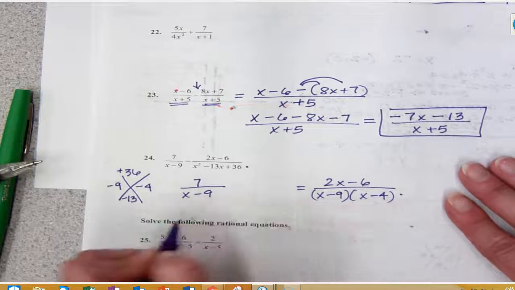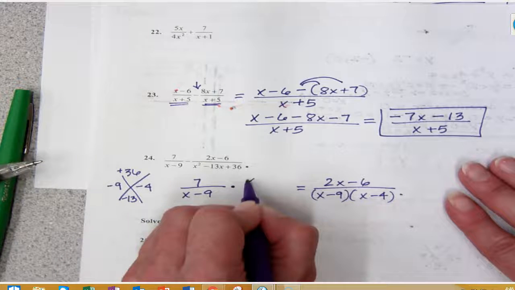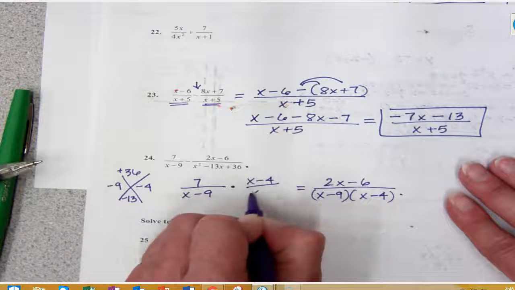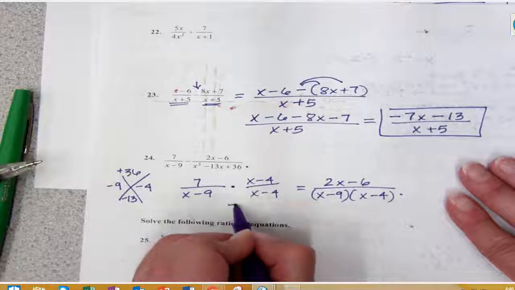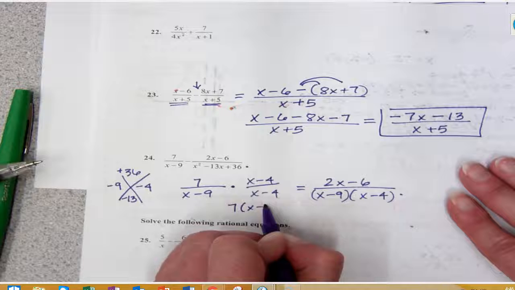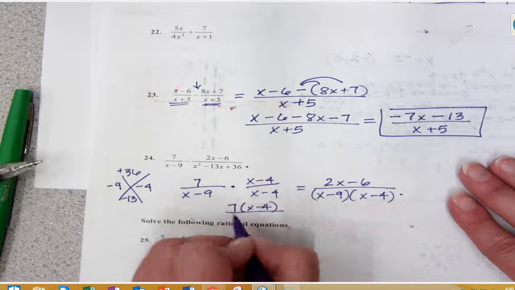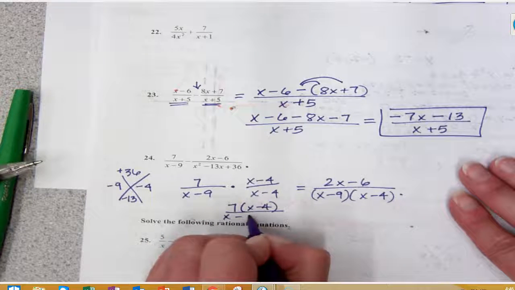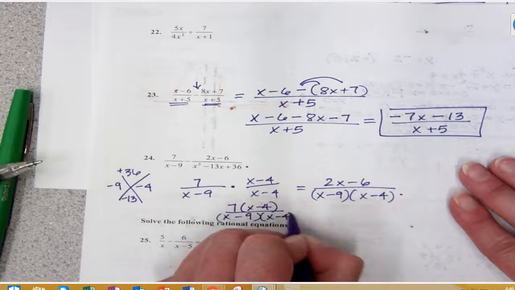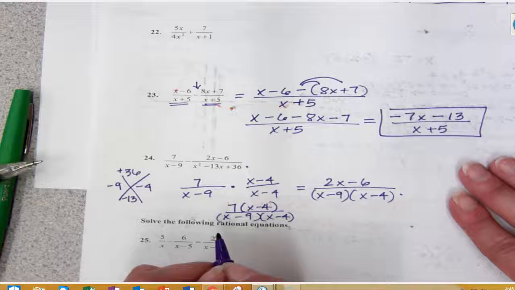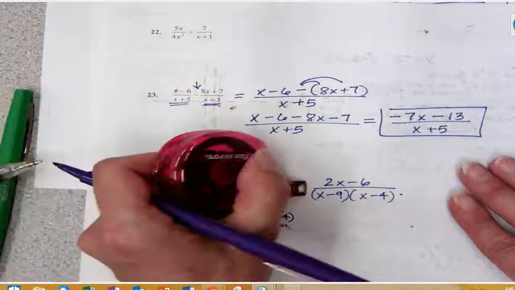Now how do you get the common denominator? You're going to multiply by x minus 4 over x minus 4. You're going to be left with 7 times x minus 4 over x minus 9, x minus 4. And oops, I put equals. I didn't mean to put equals.